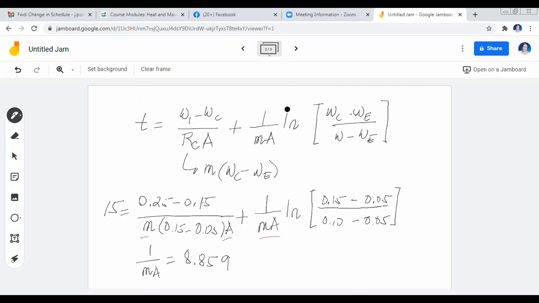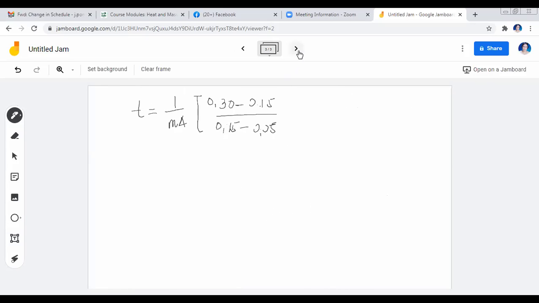You do the same here, so your second term will be left only with the ln term. So what is left on the second term is just your ln term. So the ln of, again, the moisture content. We have the critical moisture content, minus the equilibrium moisture content, and then the denominator is your final moisture content on the second condition, again minus the equilibrium moisture content.